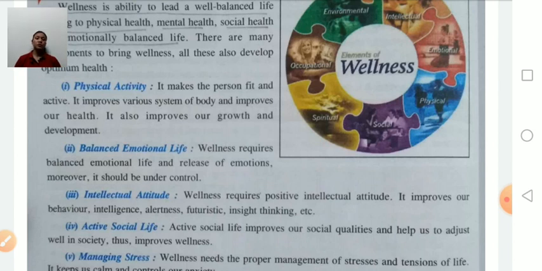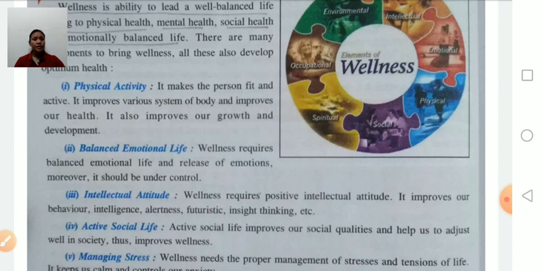So physical wellness means the person will become physically well, and if the person is physically well, he will be able to do his daily tasks easily.